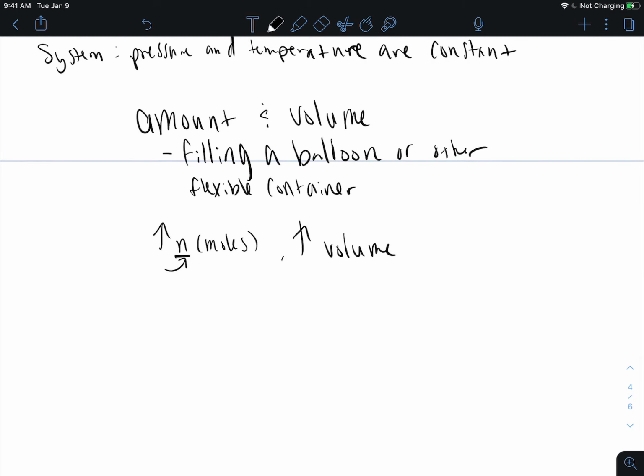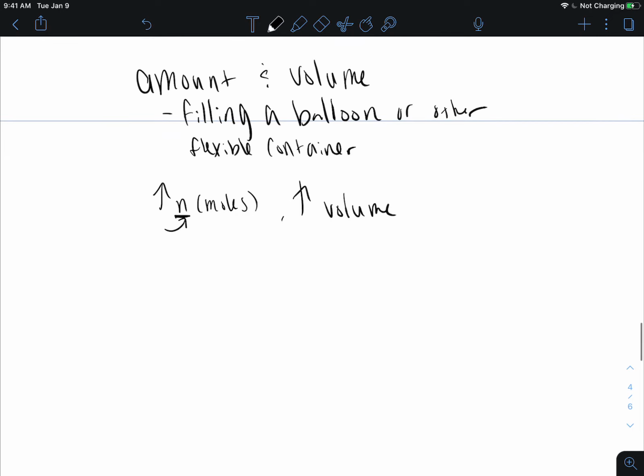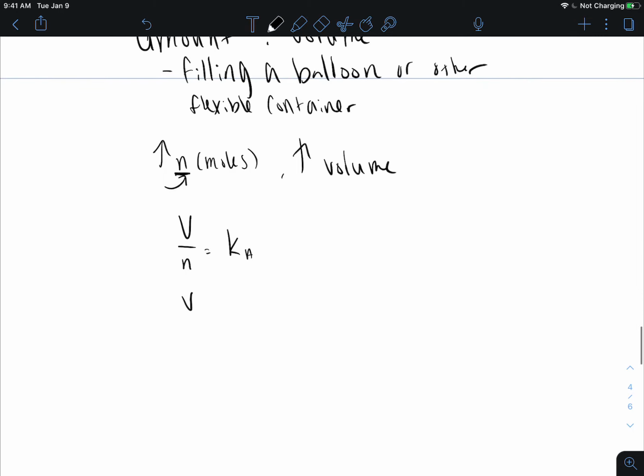So our n, our number of moles, it is no longer our energy level in this chapter, n is our number of moles, will be directly proportional to our volume. So we'd say V over n is equal to a constant, which we're going to call Avogadro's constant. And keeping our pressure and our temperature the same, we can set up Avogadro's law.